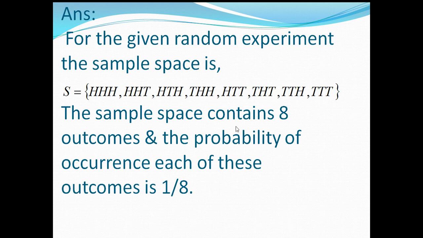These are the possible outcomes when a coin is tossed thrice. Now the sample space contains 8 outcomes, and the probability of each of these outcomes is 1 by 8.